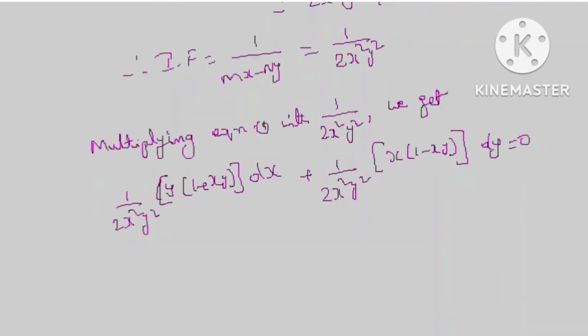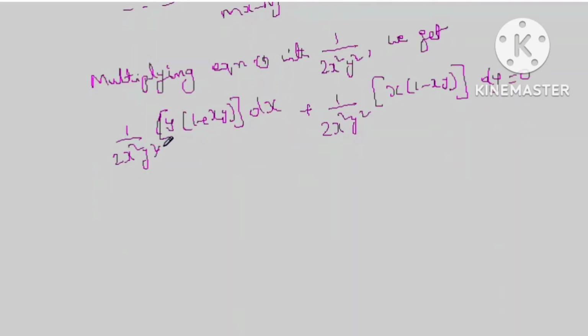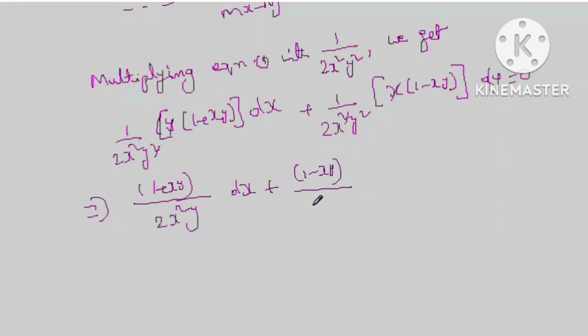So here we can simplify it. One y gets cancelled and one x gets cancelled. This implies 1 plus xy by 2x square y dx plus 1 minus xy by 2x y square dy is equal to 0, right? Let us call this equation 2.